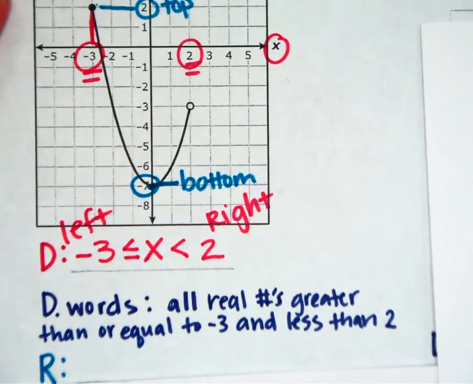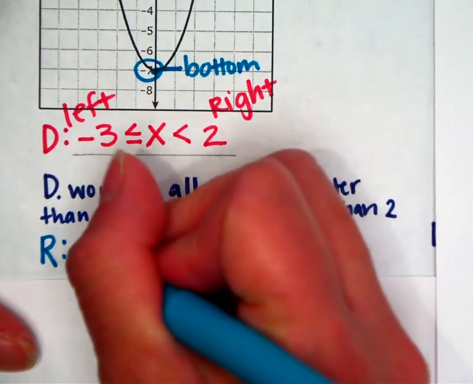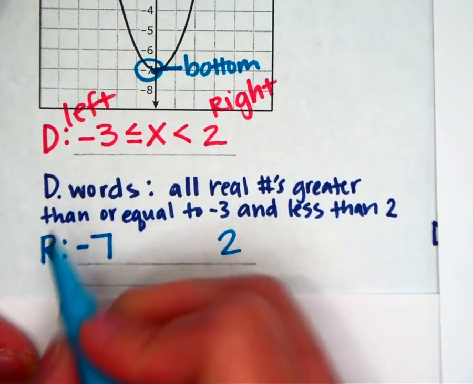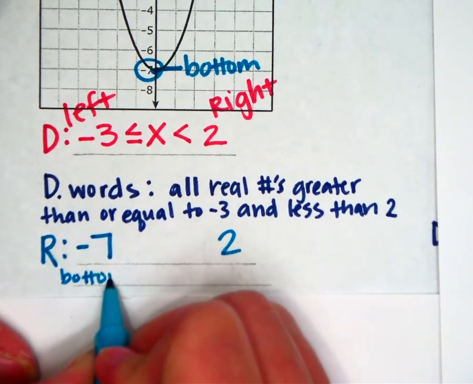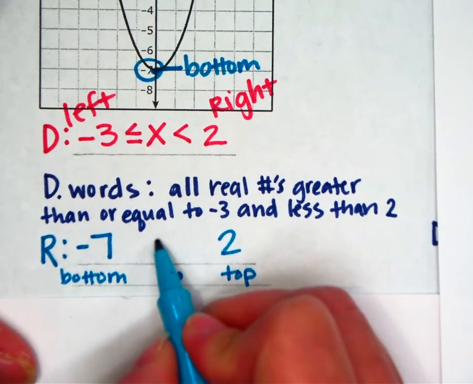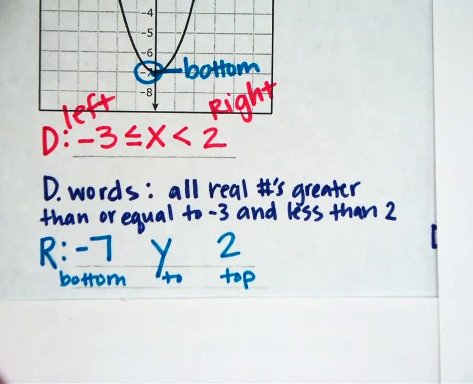So for your range, if you're going from bottom to top, at the bottom it begins at -7. At the top it ends at +2. I'm just going to write bottom to top to help us remember. You're talking about the range, which are the y values. Now you just have to figure out what kind of symbol to use, a less than or equal to or a less than symbol, because you're only restricted to those.